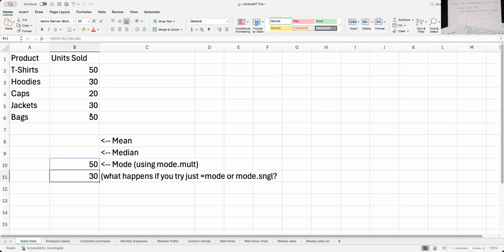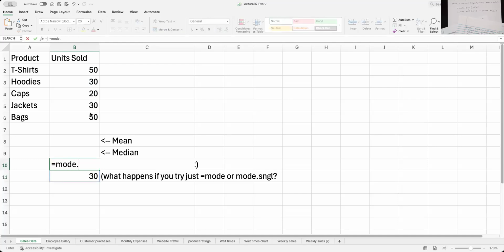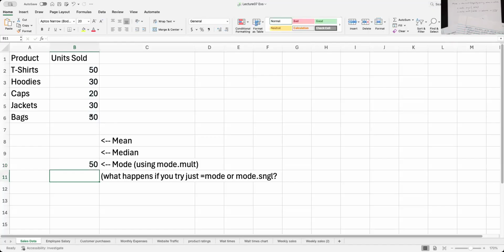Control Shift Enter, there it is. If you just use MODE.SNGL, it gives the highest value, the one it found last as it was counting. Not first, I was wrong.